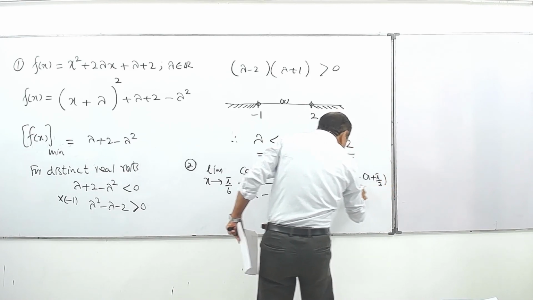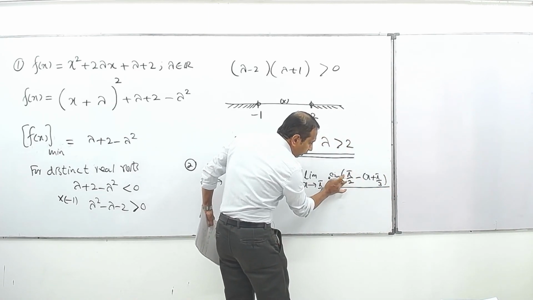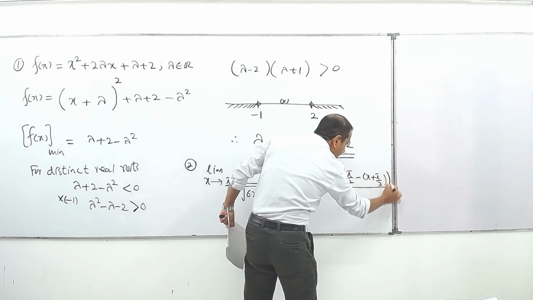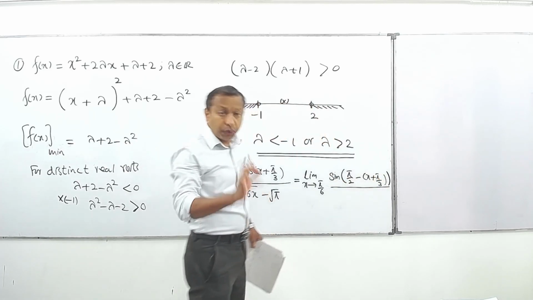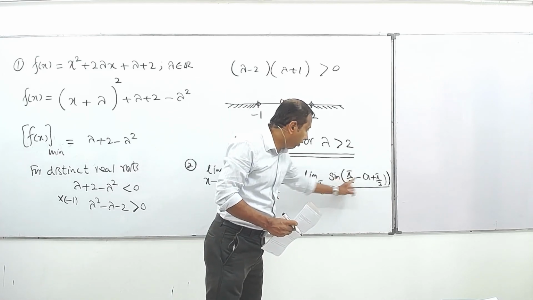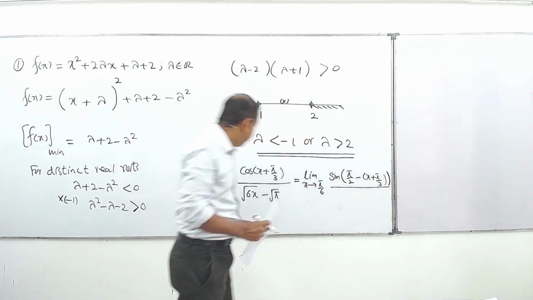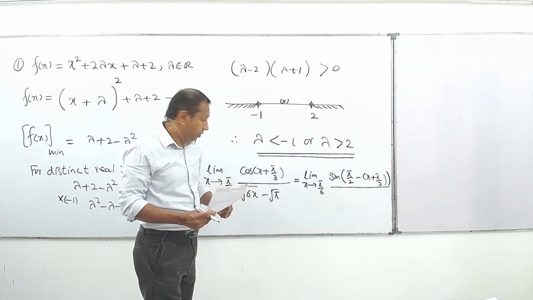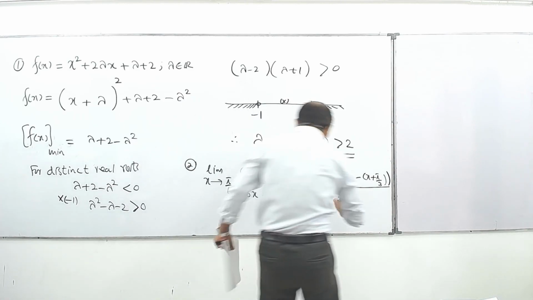You know, sine of 90 minus angle means cos of that angle. Then when you simplify this, sine of 90 minus this angle means the answer is cos of x plus pi by 3. It won't change. So now I write this one this way.